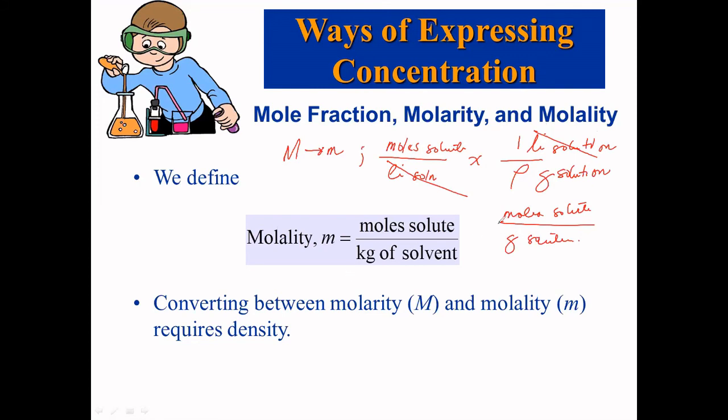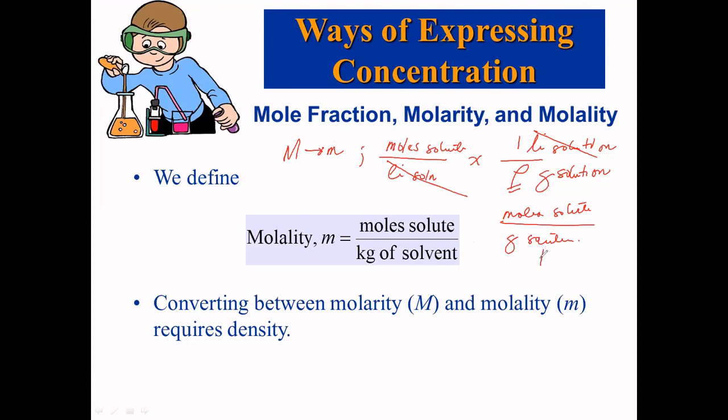That is your resulting set of units when you divide your molarity by the density. Now remember, I will be converting my molarity to molality. So how can it be converted? This is grams solution per moles of solute. What will I do?